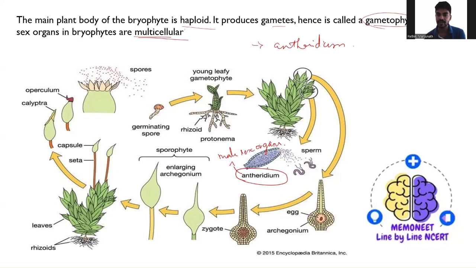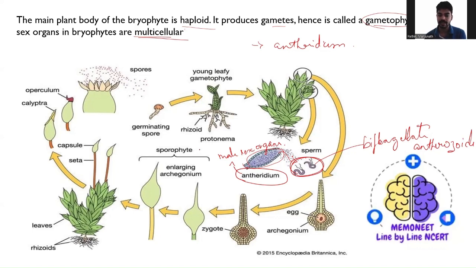What do you mean by biflagellated antherozoids? This entire thing is the male sex organ, and these male sex organs produce the biflagellate antherozoids. So this is all about the male sex organ.